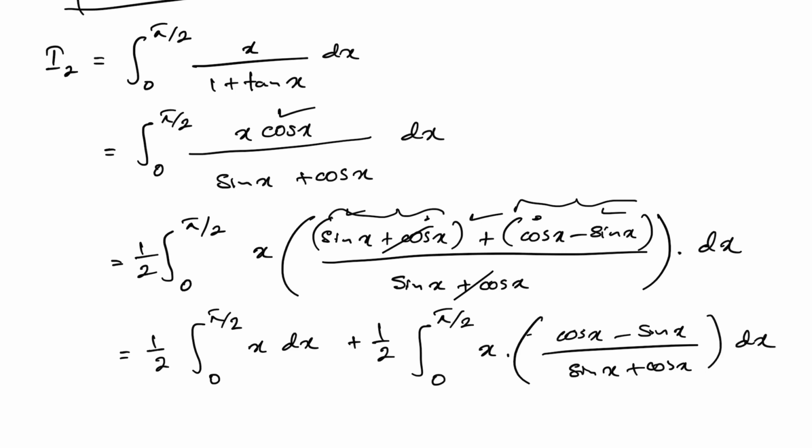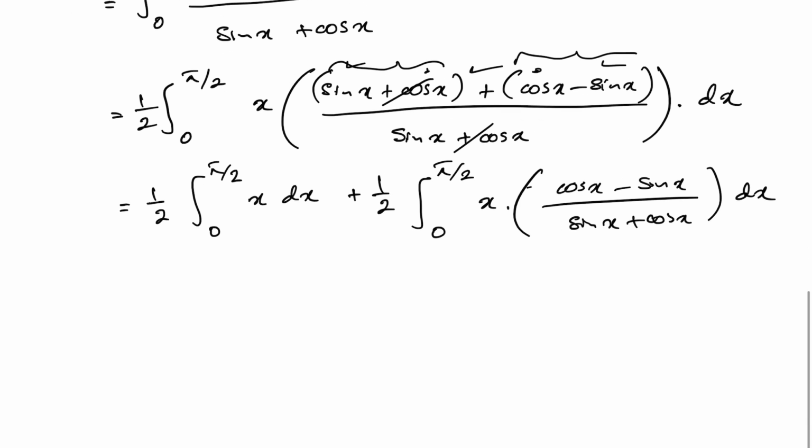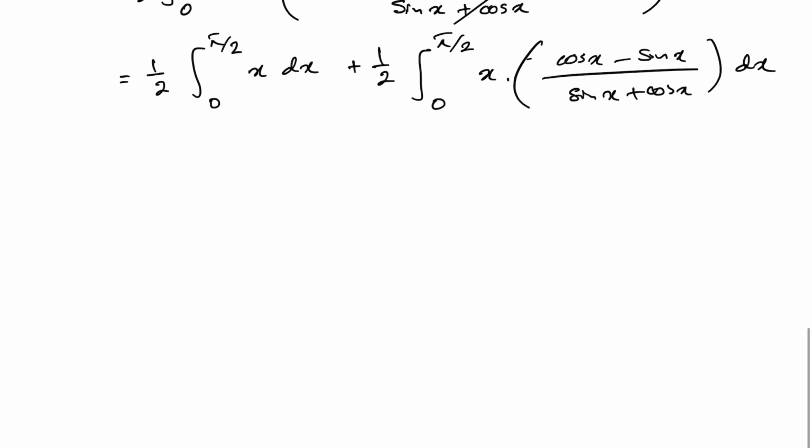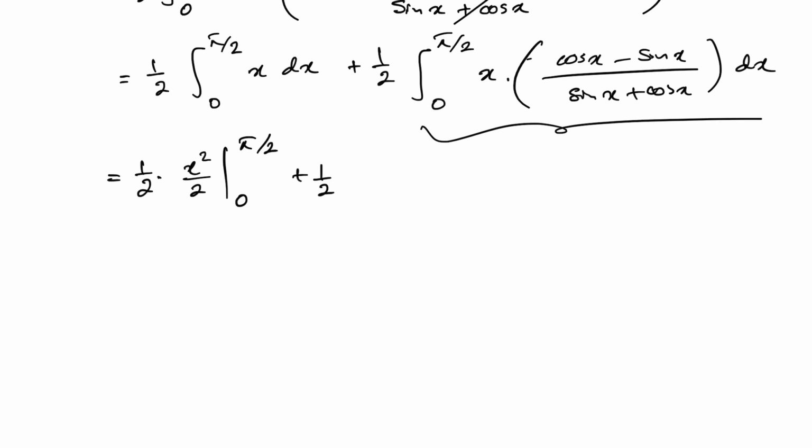Okay, let's integrate. If we integrate x, we have x squared over 2, limit from 0 to pi over 2. Then 1/2, now how to evaluate this integral? Okay, again the integration by parts method, so here 1/2 integral from 0 to pi over 2.